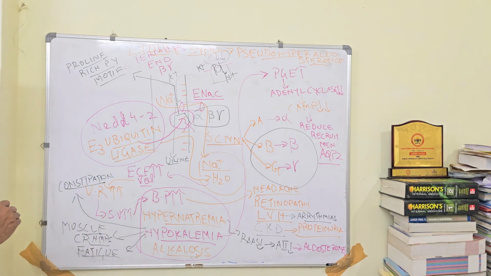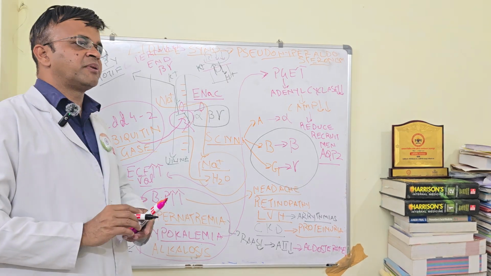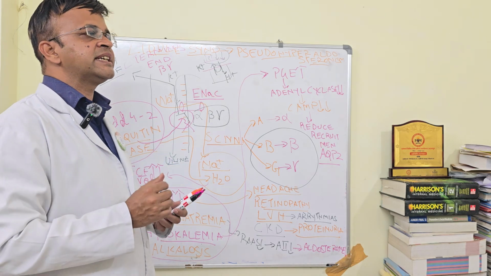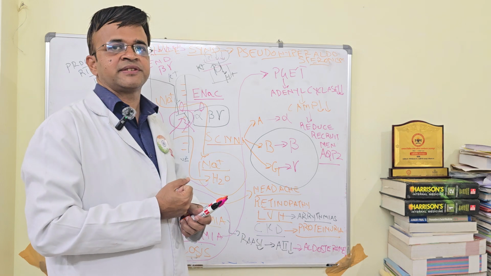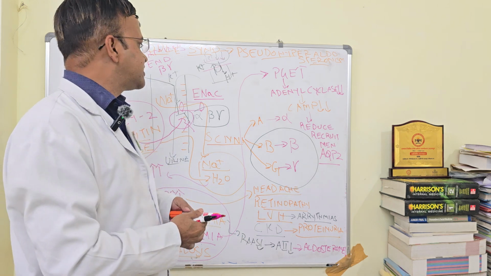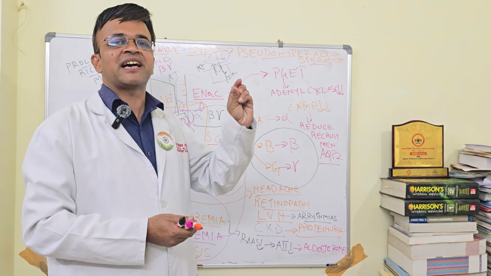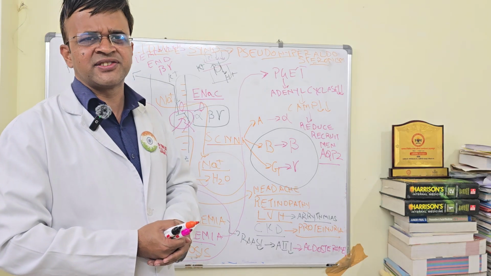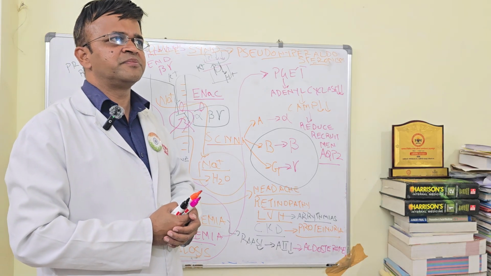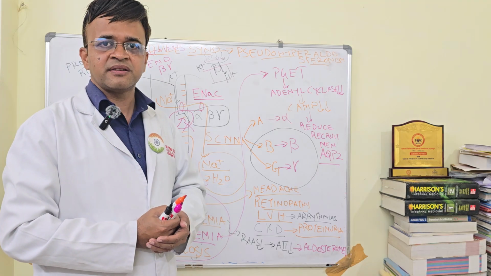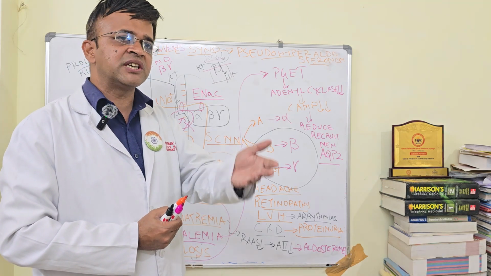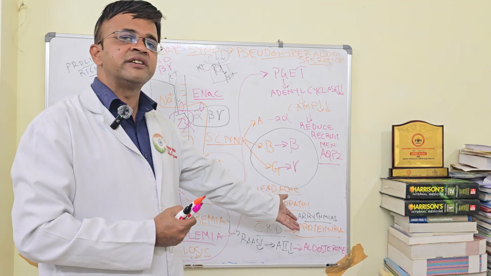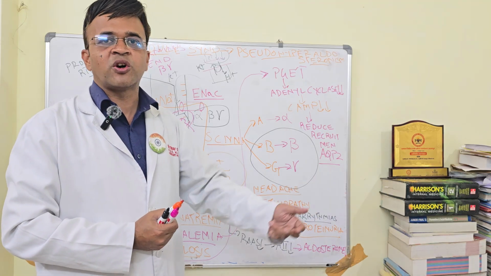There is one very peculiar thing about the increase in blood pressure in Liddle syndrome: it is treatment resistant. Here, the main pathology is that the ENaC channels are not getting degraded. If you give any drug, be it captopril, it will reduce angiotensin 2 and aldosterone, but aldosterone level is already low, so captopril won't work.